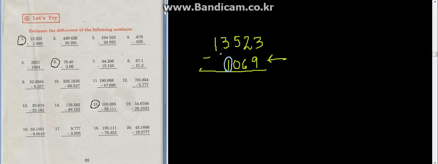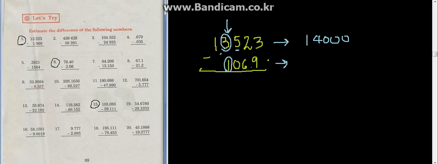So we will round these two numbers off to the thousands place. For the first number we'll obtain 14,000. Why? Because the number to the right of the thousands place is a 5. We follow rule 1, that's why we add 1 to this 3 and it becomes 14,000.